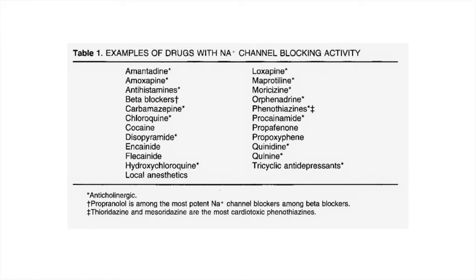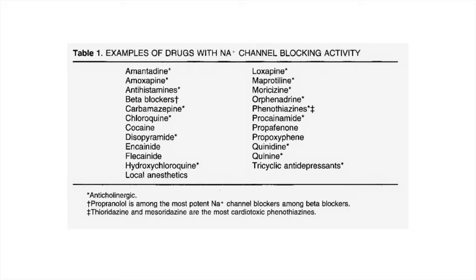Tricyclics, right? It's a tricyclic overdose, okay? Here's a list of sodium channel blocking drugs. Tricyclic is only one of the sodium channel blocking drugs. We see flecainide, people take flecainide routinely, right? That's a common drug we give people. Carbamazepine, I think that's Tegretol. It's an anticonvulsant, right?